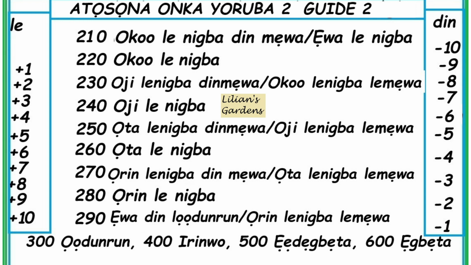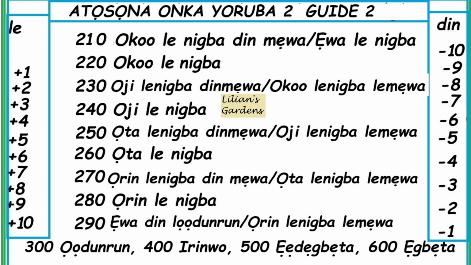260 ọ̀tàlénígba. 270 ọ̀rìnlénígba-dín-mẹ́wàá or ọ̀tàlénígba-lé-mẹ́wàá. The first one, ọ̀rìnlénígba, that is 80 on top of 200. Take away 10. Ọ̀rìnlénígba-dín-mẹ́wàá or ọ̀tàlénígba-lé-mẹ́wàá, that is 60 on top of 200.